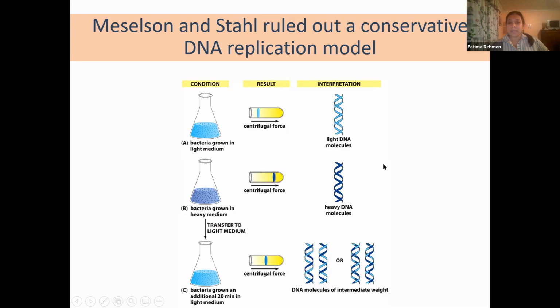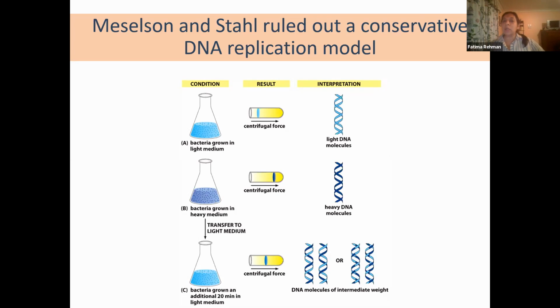They repeated it with heavy medium and found out where that band would land. They pelleted the bacteria, spun them down, and transferred just the bacteria, none of the heavy medium, into light medium. And they continued to grow them.